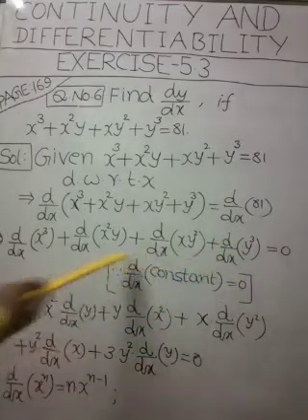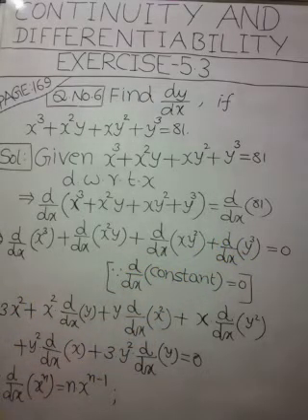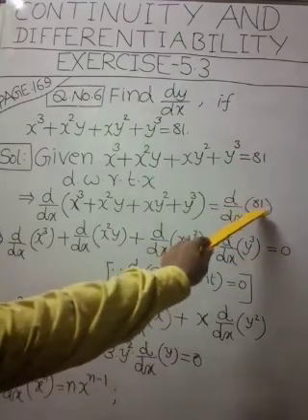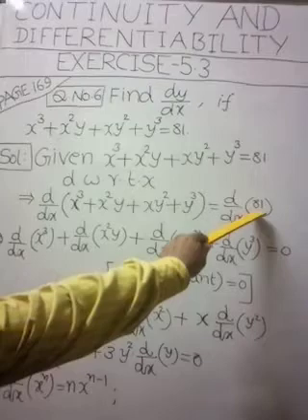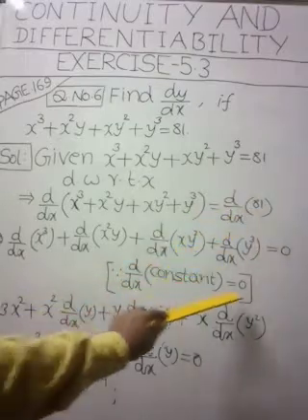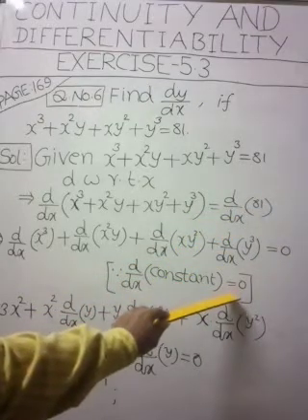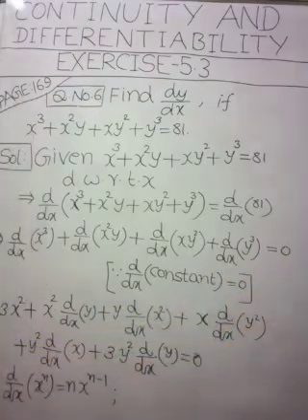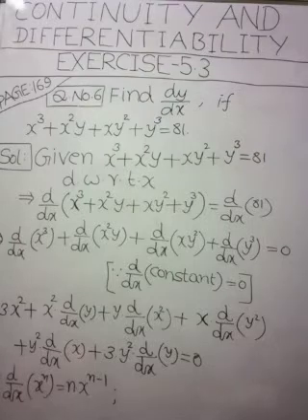Understood this LHS part? That is equal to 0, because 81 is a constant term. d by dx of a constant is equal to 0. We used this formula in RHS. That is why I wrote here 0. Understood the part in RHS, my dear children?